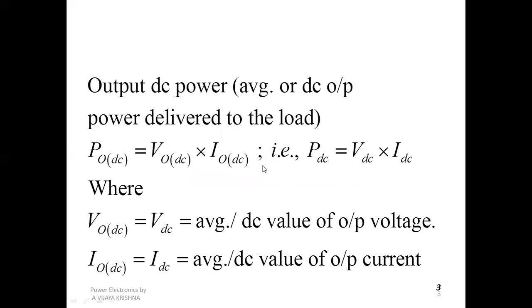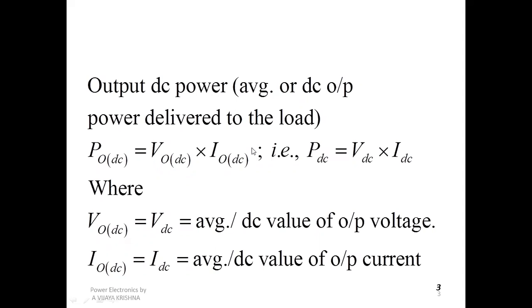We previously used a resistive load, and with respect to the R load we look at how the circuit behaves and what the circuit parameters are. The output DC power is the average, or DC, output power delivered to the load.